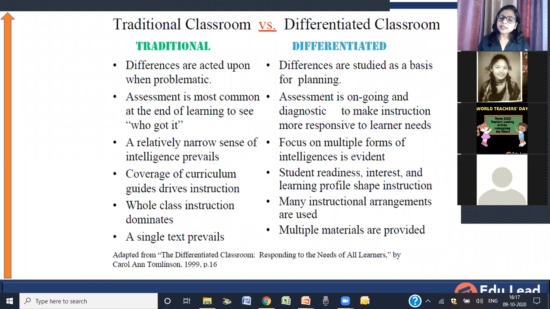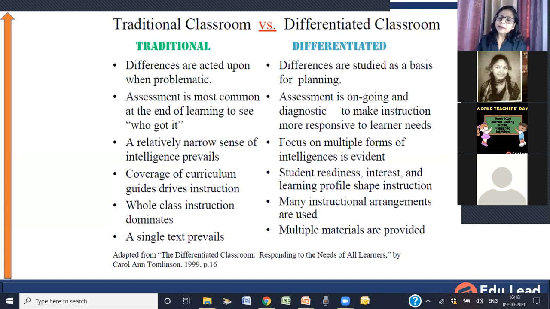Consider that you've just received the class 11th half-yearly mark sheets, and what happens generally is half of your class fails, especially in the science stream. Now, once you have received that, you see that, okay, this is a problem, and I need to address it. Then you will go back and find out what the differences are. Then you will try to categorize the students, and then you will try to work upon it.